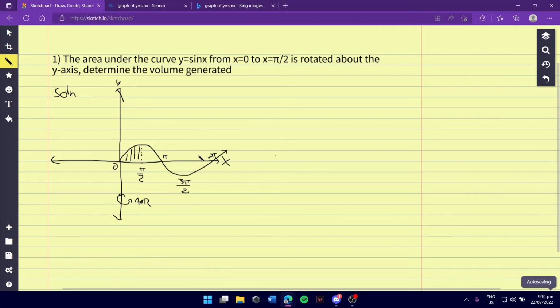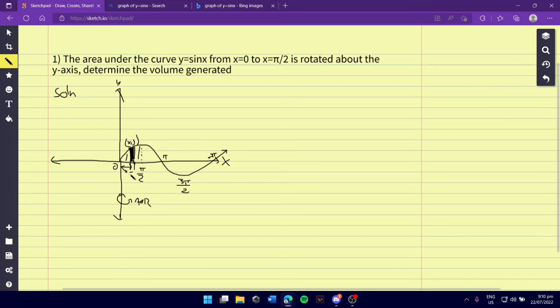By using our vertical strip, we will solve for this. So here will be the point x, y, since this is your vertical strip. From the origin to your vertical strip, this will become your x.